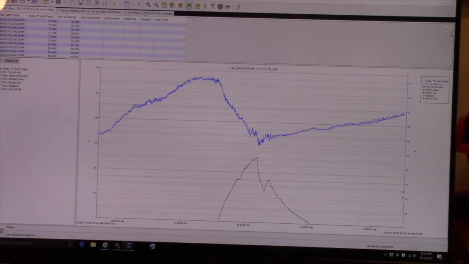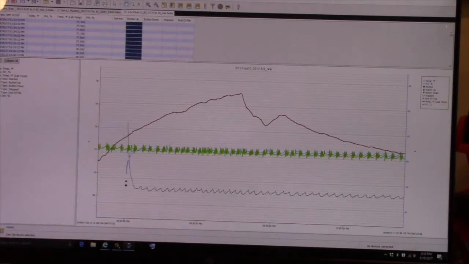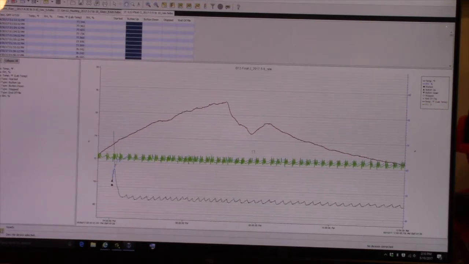Okay, so we won't get too lost in that. But this is a really good example of how the systems work and why they work and what you get for your money. Let's take a closer look at this real quick.